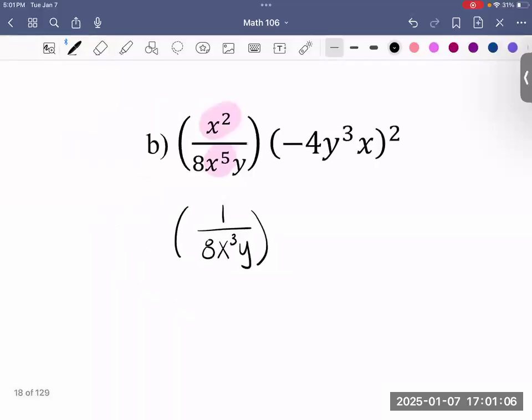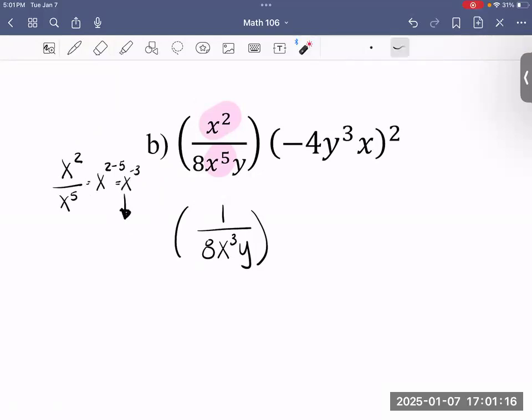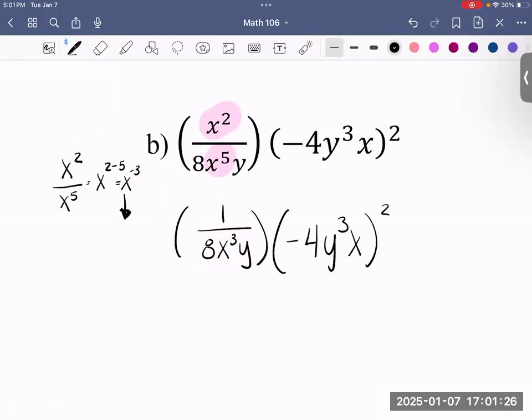And the reason for that is if we were to do that small division, this is x squared minus 5, which is x to negative 3. So we'll drop that down into the denominator along with the 8 and the y. Then we're left with negative 4, y cubed, x all squared.